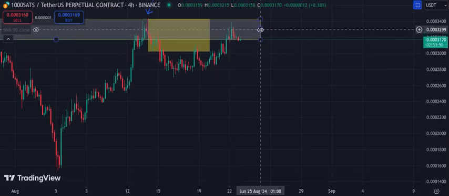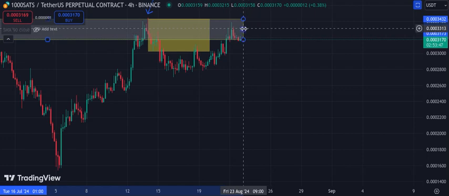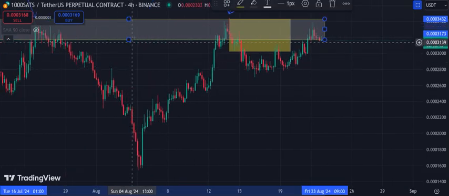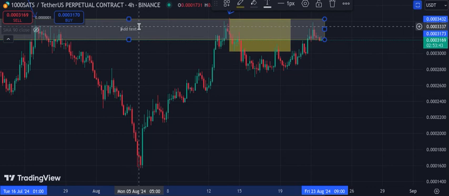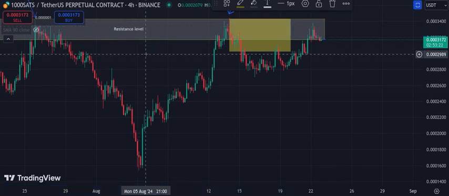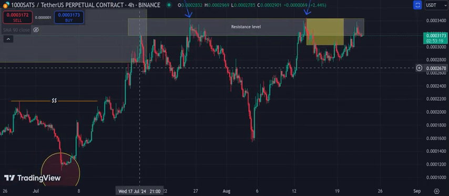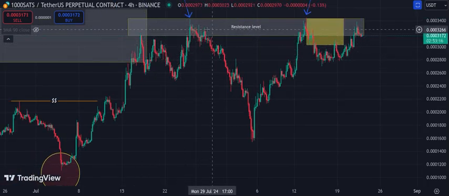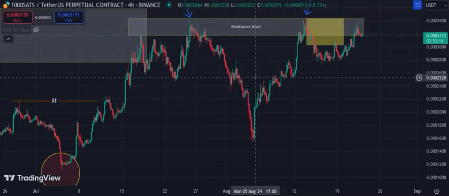So this is our, okay, let me give it a name. And we can also see on the 4 hours time frame the market rejecting that level.